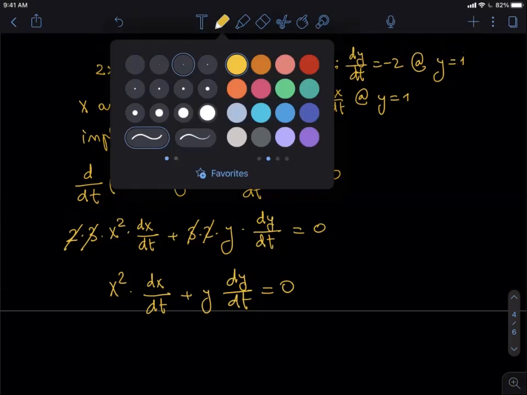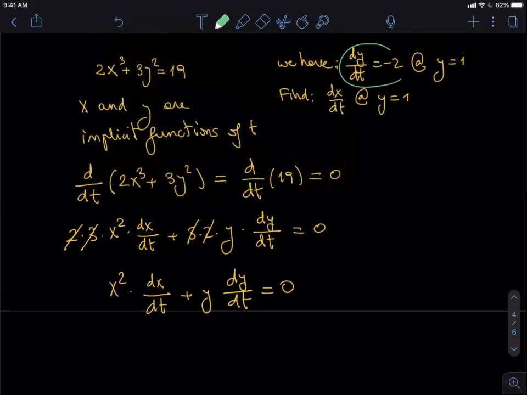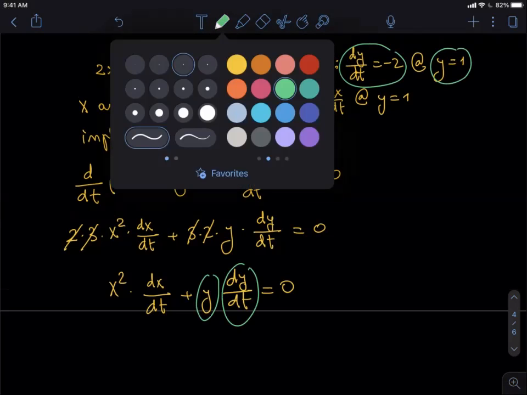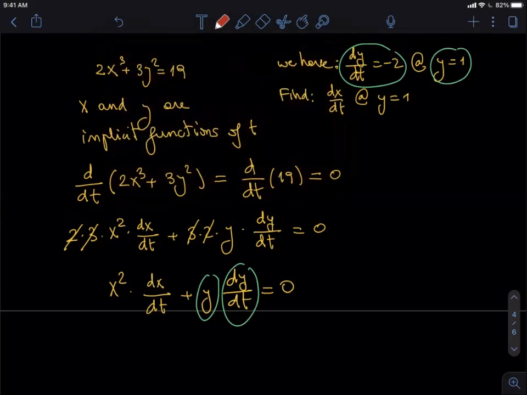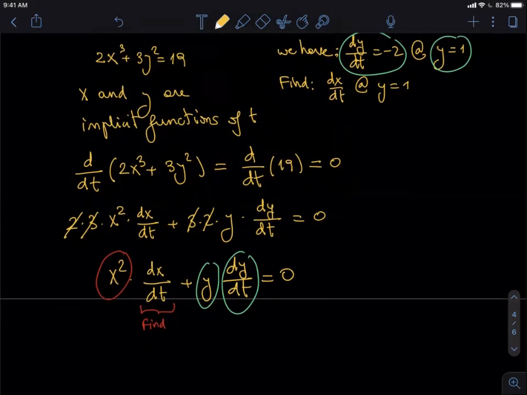Remember, dy/dt we have. y equal 1 we have. And then when we look at the other side, x^2 we don't have, and dx/dt we need to find. So the first thing we need to do is to find x. How do we find that?